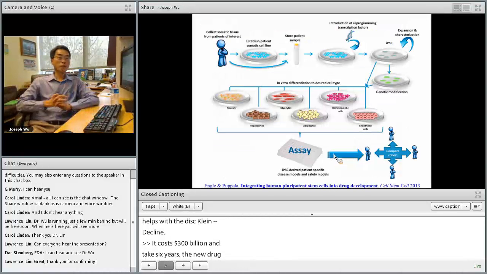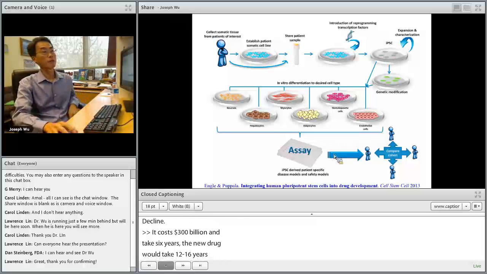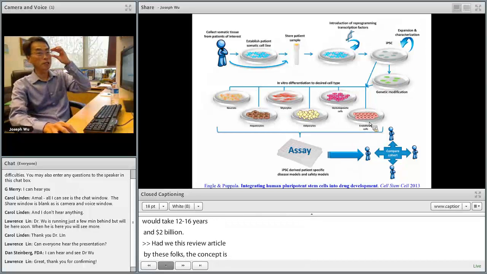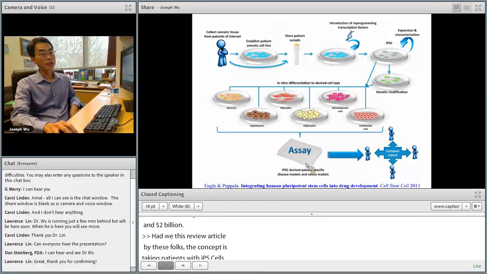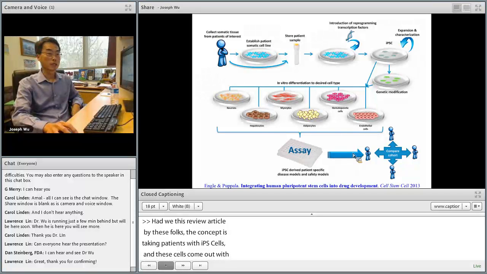And a lot of folks are thinking about how to incorporate the iPSC model for drug discovery and for drug repurposing. This is a review article by the R&D folks at Pfizer, in which the concept is taking a lot of patients, making iPS cells, and differentiating them to brain cells, heart cells, liver cells, adipocytes, endothelial cells, hematopoietic cells, coming up with the assays, and I've shown you cardiac assays earlier, contractility assay, arrhythmia assay, and single cell assay, and then comparing cohorts.